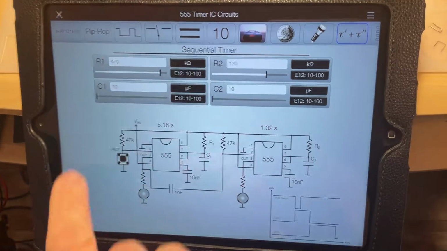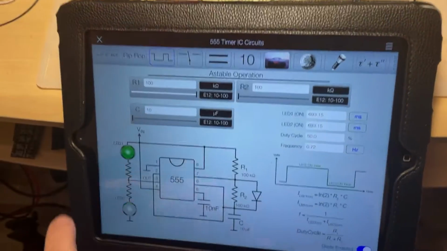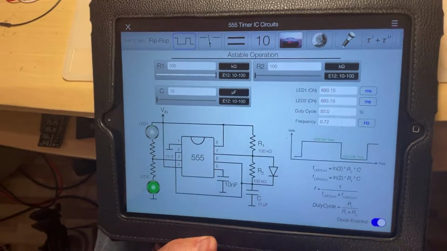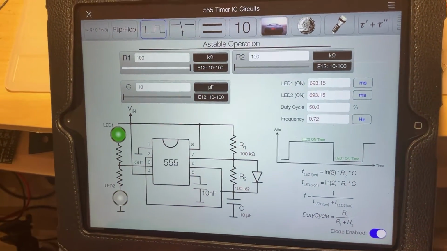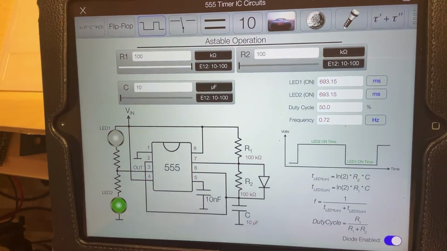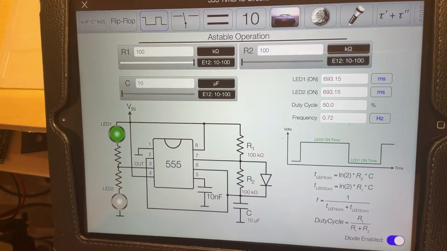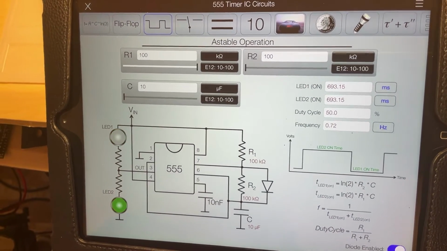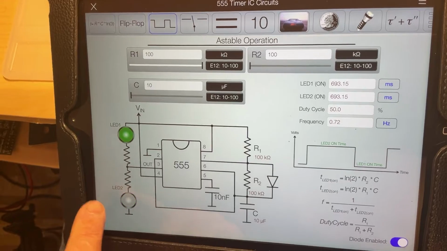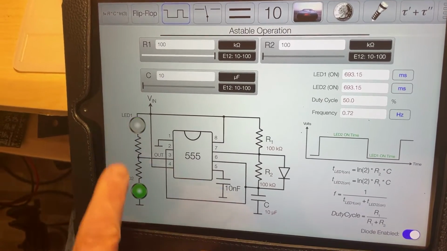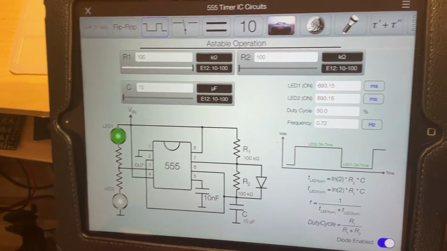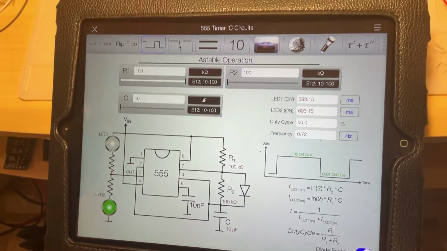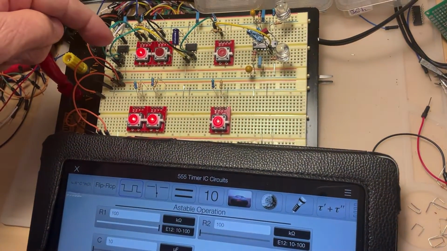So if we take a look, I'm going to put it here, a classical astable or clock generator, and you can see here the simulator of it. Okay, and in the simulator, you can see that the duration of the time it's taking for both LEDs is approximately equal, exactly as you see here on the diagram.